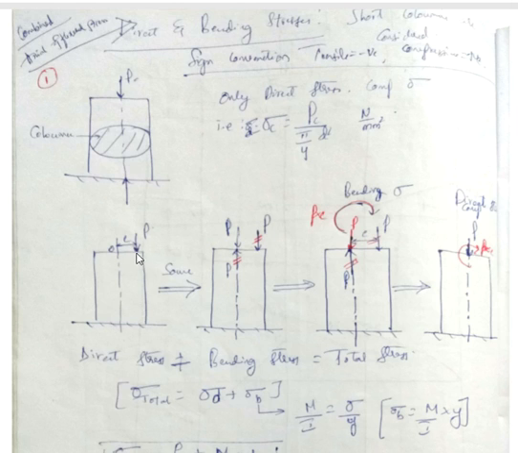You can see when I apply the load here, it will try to bend this column towards right side.